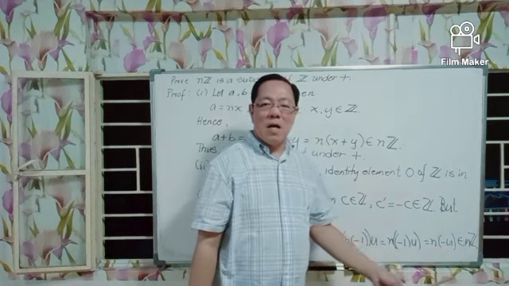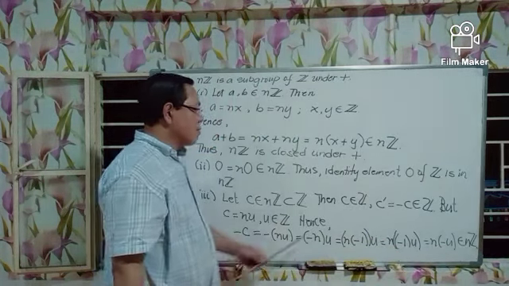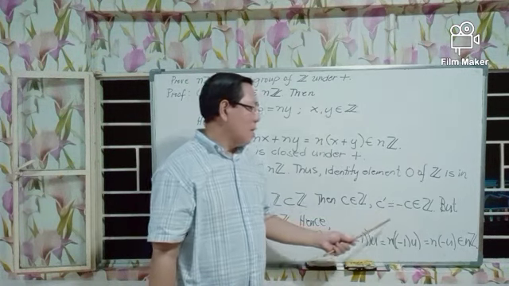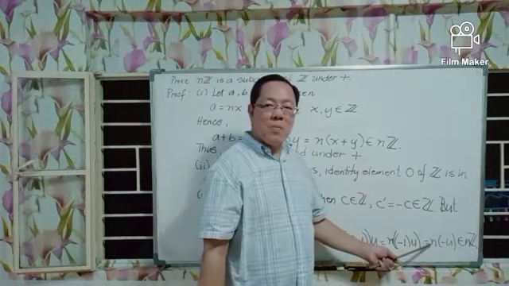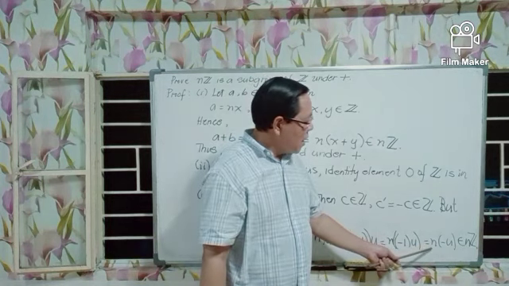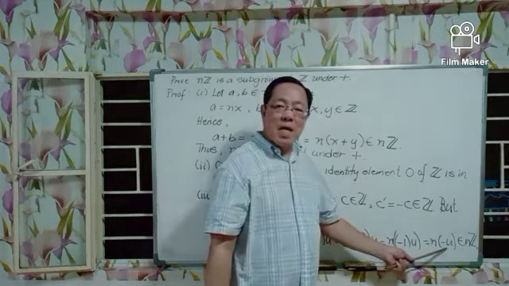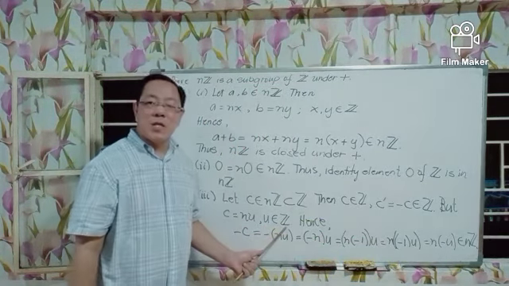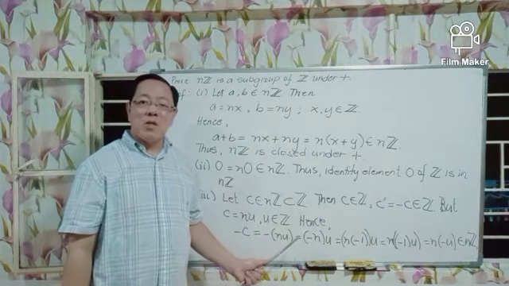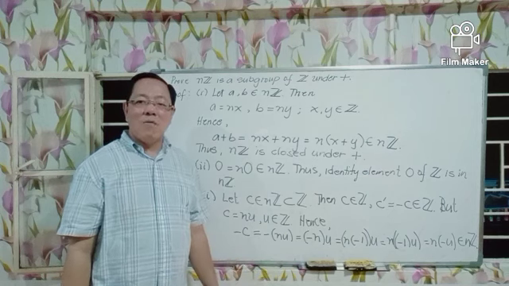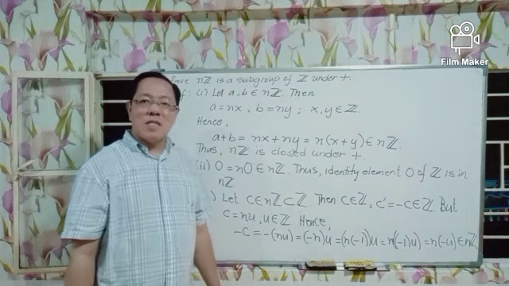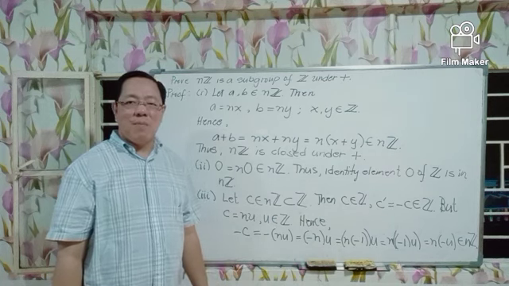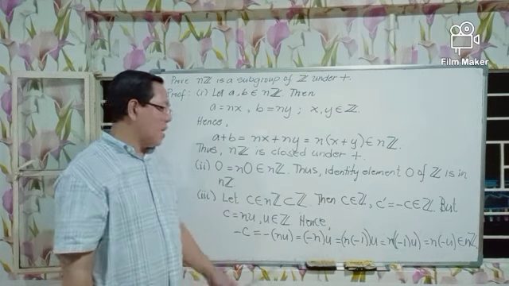And this tells us that negative c, which is the inverse of c, is also a number of the form n multiplied by negative u, where u is an integer in Z, therefore minus u is also an element of Z because Z is a group and Z contains its additive inverse elements, the inverse of its elements.